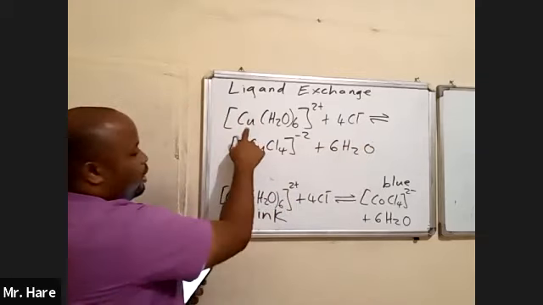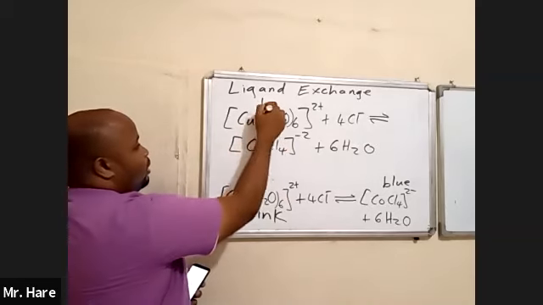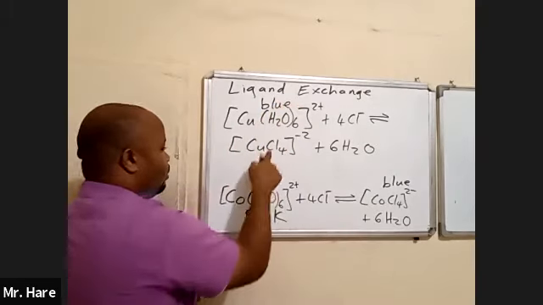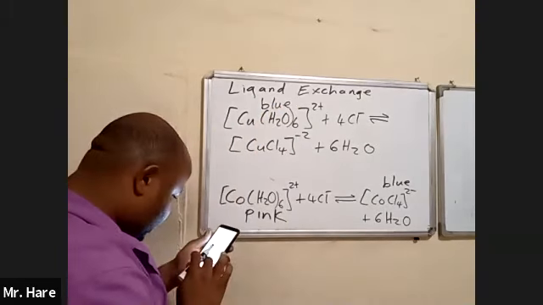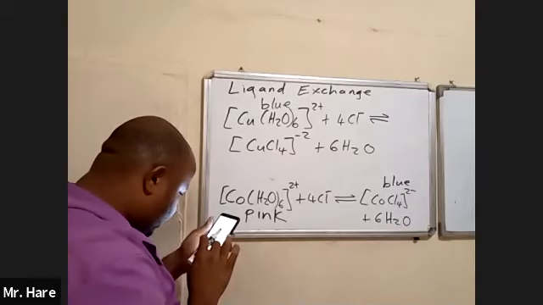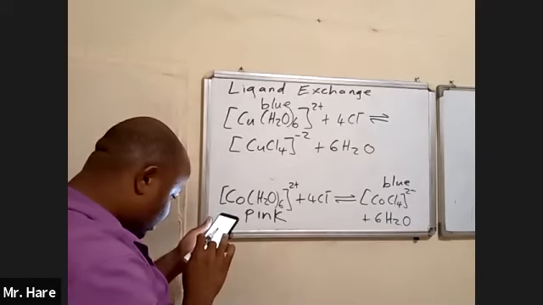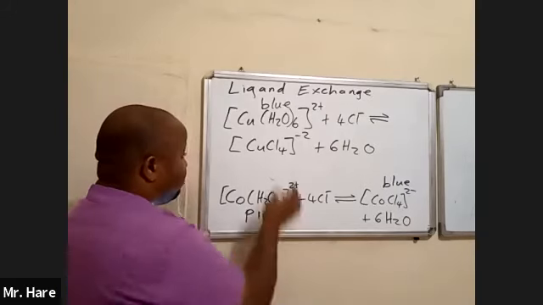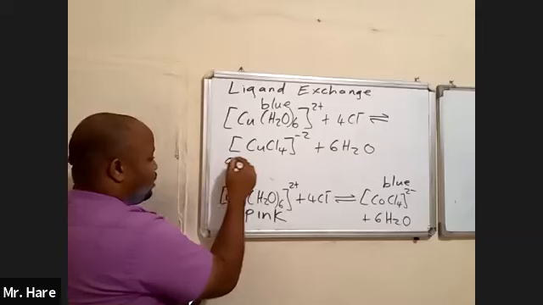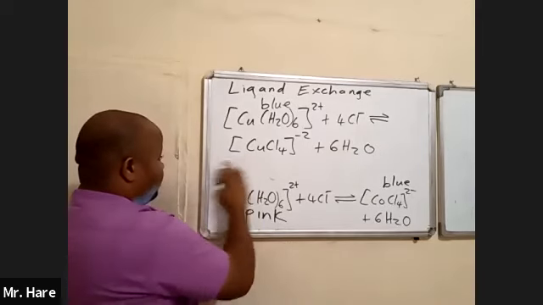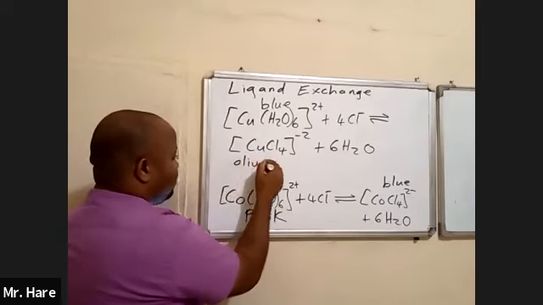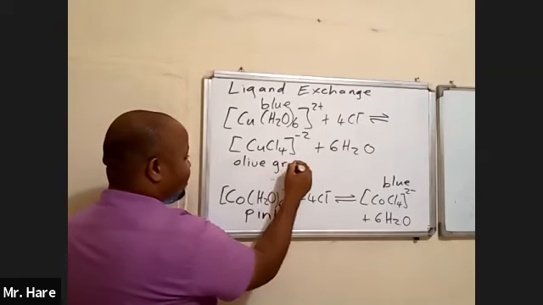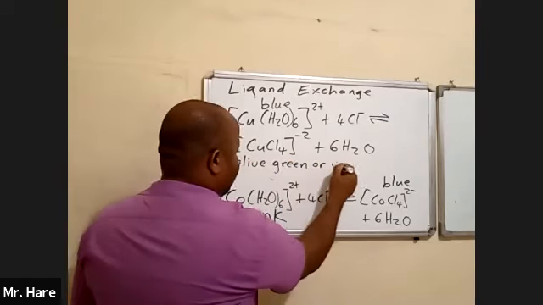Now we know that when copper is with water, it has a blue color, but when it is with chloride, it looks green. The notes describe this as olive green or yellow.